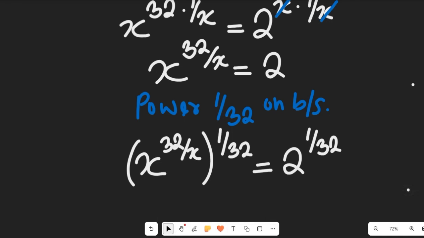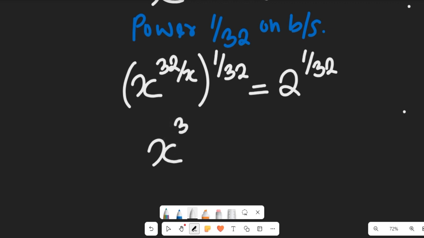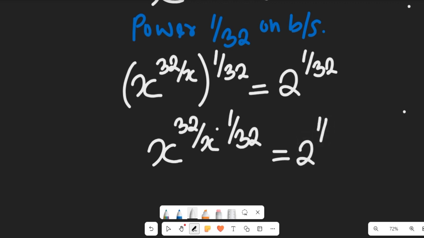That way, the right hand side will simply be simplified. We'll have x to the power of 32 divided by x multiplying 1 divided by 32, equal to 2 to the power of 1 divided by 32.